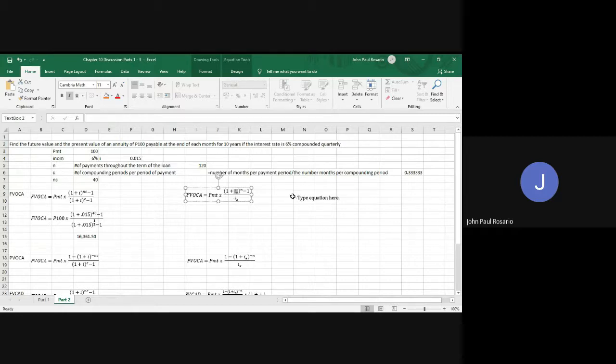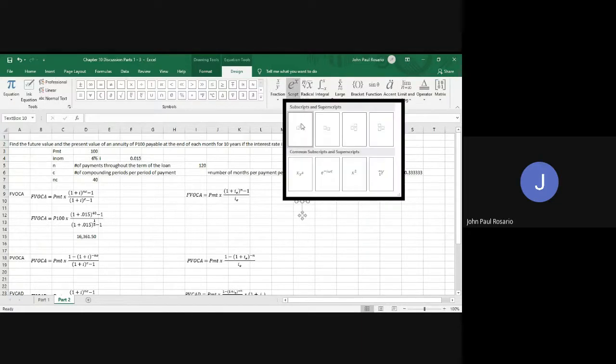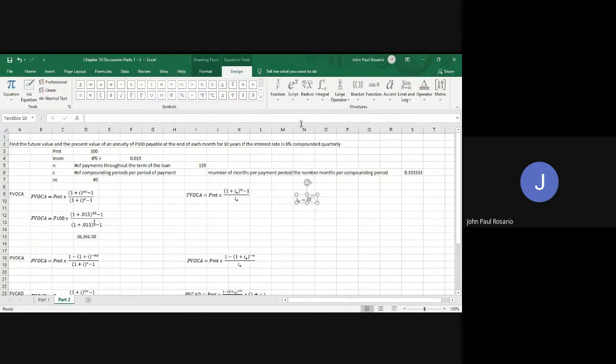For our IE, our formula is 1 plus I raised to the power of M, and then we deduct 1.